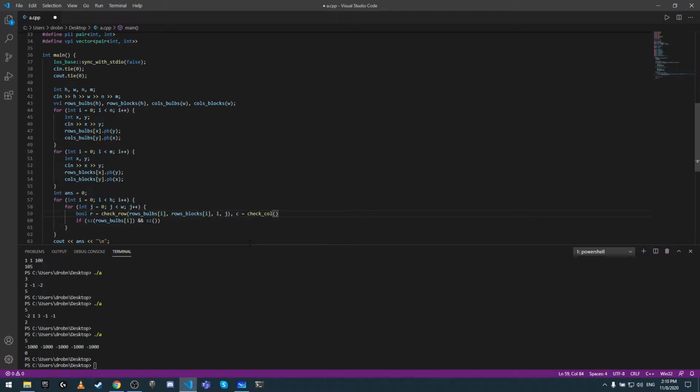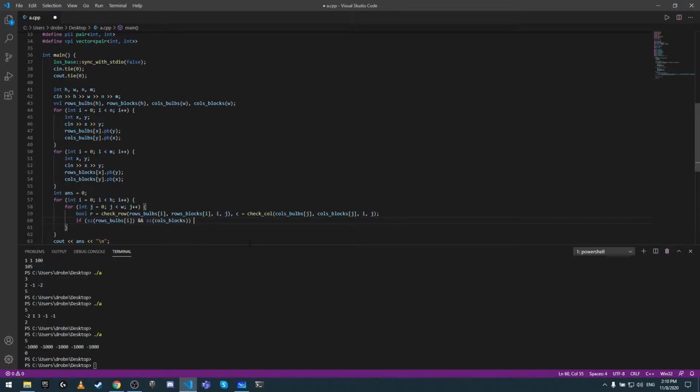So cols bulbs j and cols blocks j, and ij, of course.